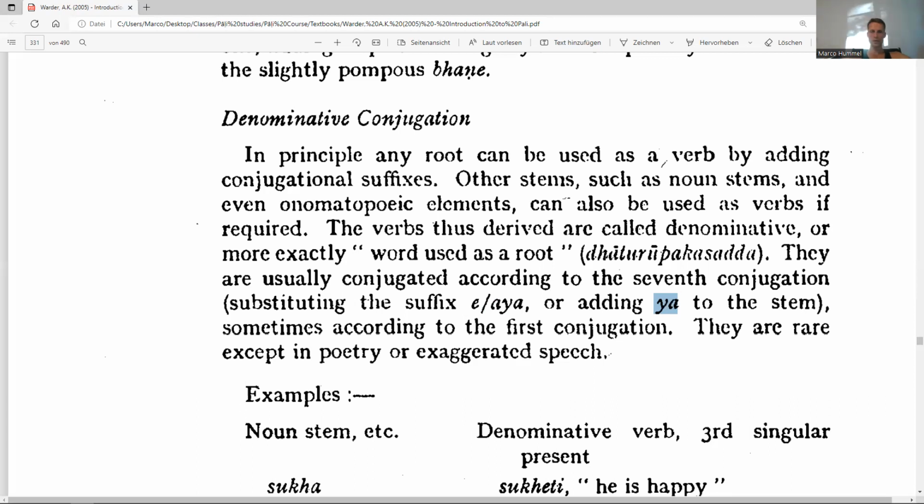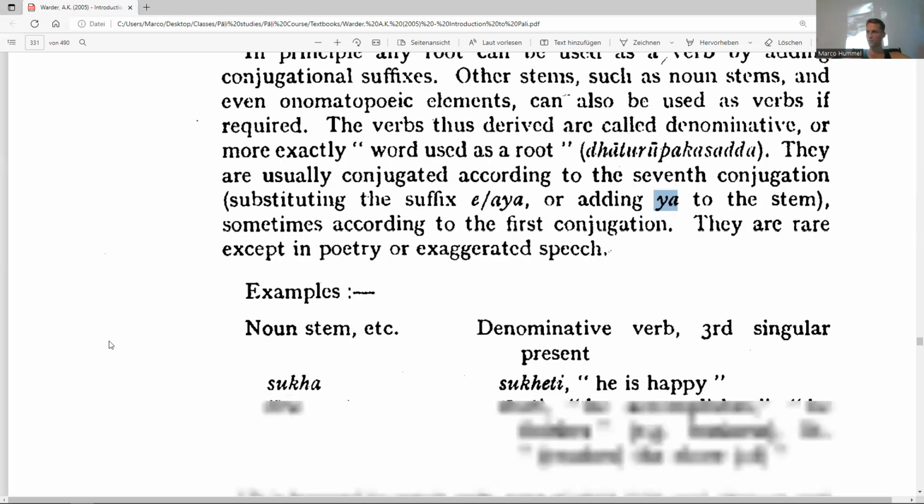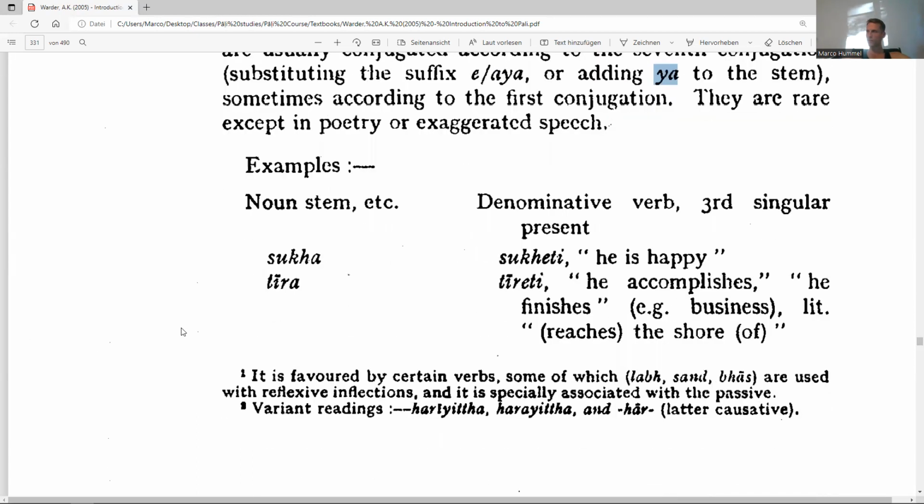They are rare except in poetry and exaggerated speech. We have a few examples, like from the noun stem sukha, happiness, we get sukheti, he or she is happy; tira, shore, tireti, literally reaches the shore of, meaning in the sense of business, he finishes something, or accomplishes.